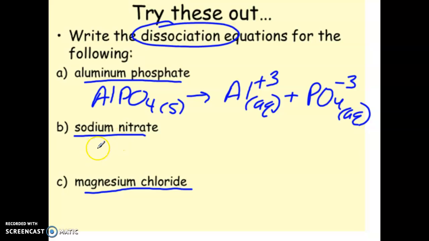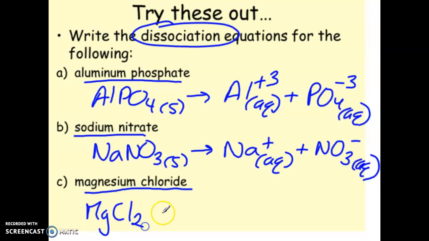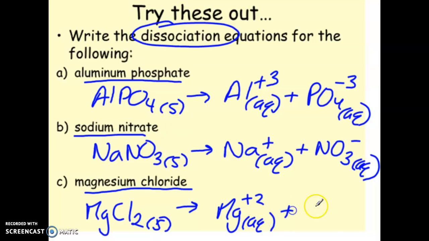Sodium nitrate, so we have NaNO3. When that dissolves, we have sodium ions and we have nitrate ions. And then, of course, magnesium chloride. We have 1 magnesium ion and we have 2 chlorine ions.